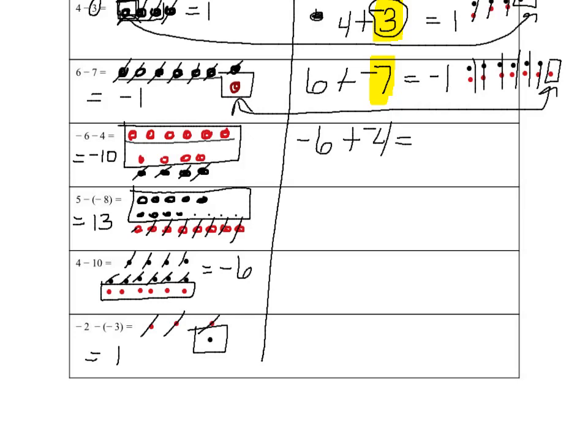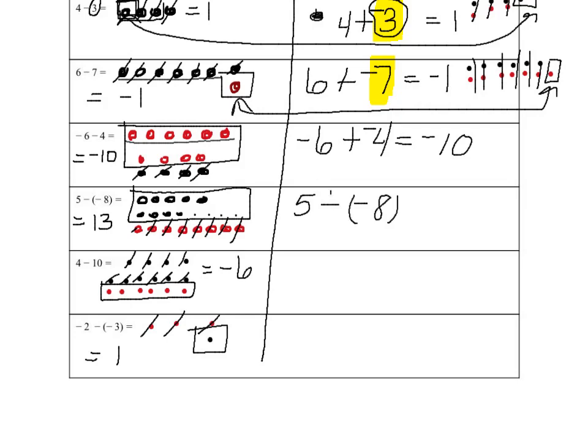And if you think back to our rules for adding, when you have 2 negatives, you just add like normal and attach the sign. And you can see that our answers match. One of the reasons that we changed subtraction to addition is so that we only ever have to follow one set of rules. So in our next one, we have 5 minus a -8.